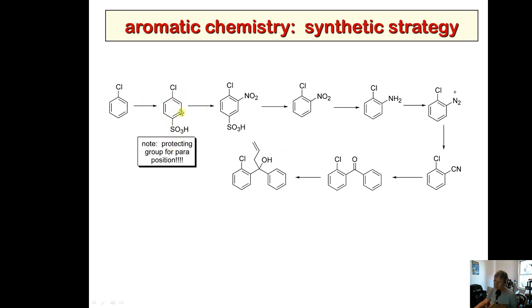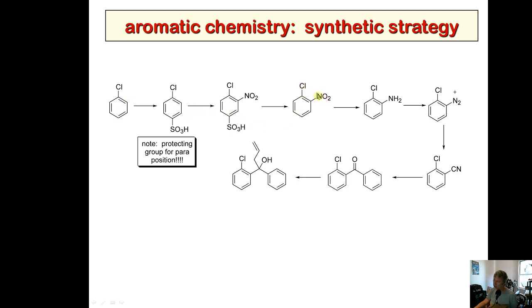This is a cool strategy. You're trying to attach something to the ortho position, but you've got the para position in the way, so you can block the para position with the sulfonic acid. And in this case, we nitrate, then take off the blocking group. You can do that now or later. You can usually just do what you need to do and then take it off.